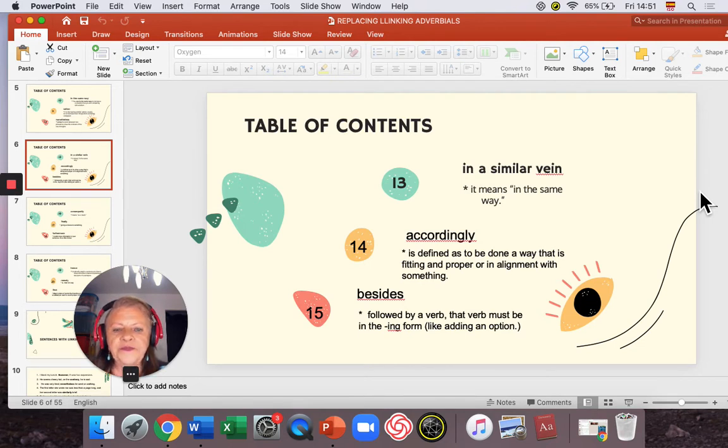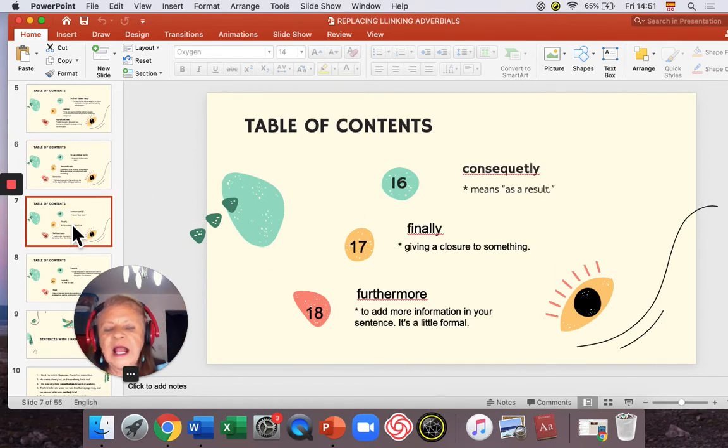Besides is followed by a verb. That verb must be in the ing form, like adding an option. I do this besides doing this as an extra. Okay? Then we have consequently. It means as a result. That is.